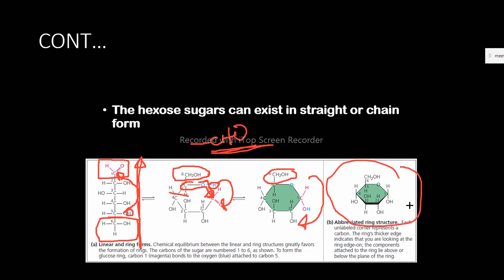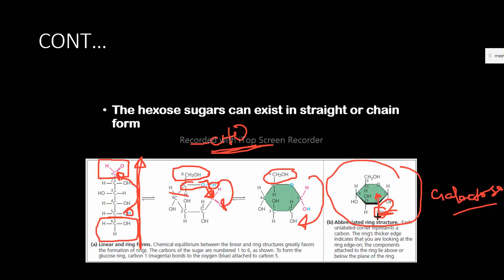Now for galactose, the difference is on carbon number 2, whereby the OH now is inside and the H is down. But you get all these details when you dig deep. That's where the difference is.